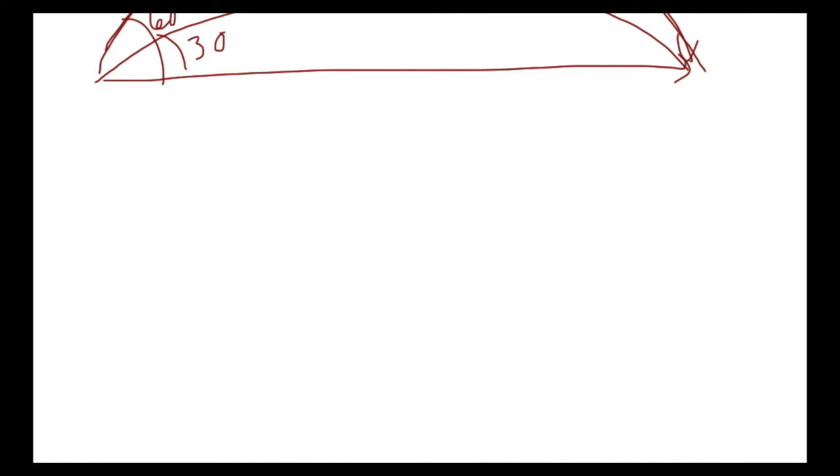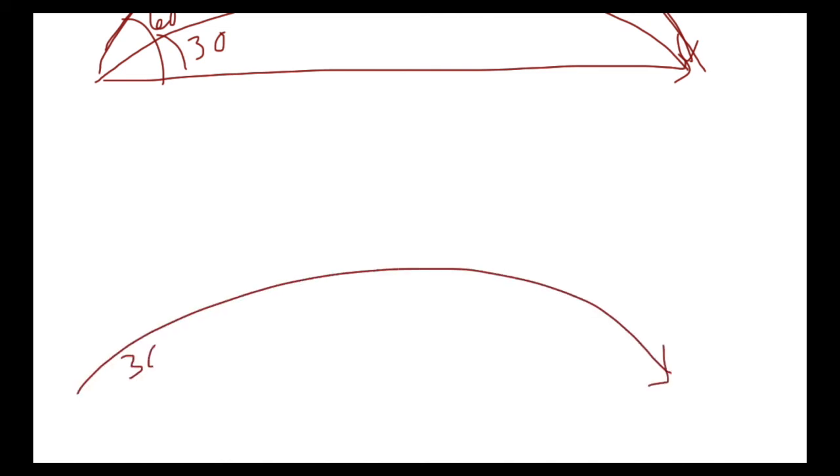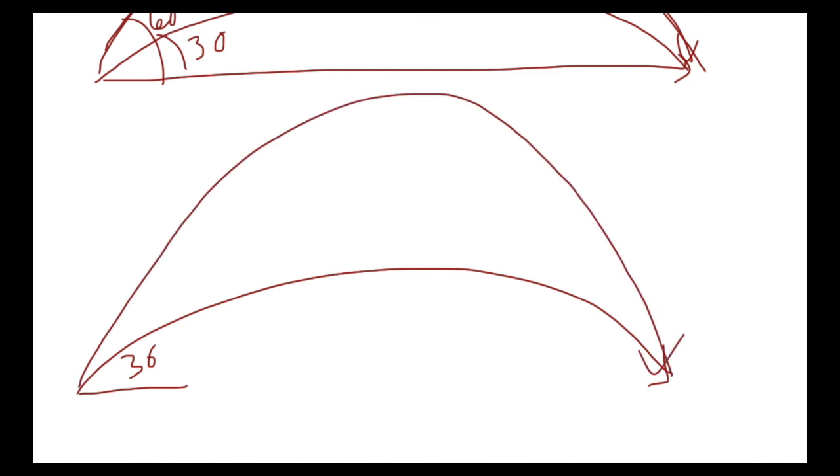Let's do this again down here. If I do it at 30 degrees, I get a range. If I do it at 60 degrees, I get the same range. What if I do it at 20?